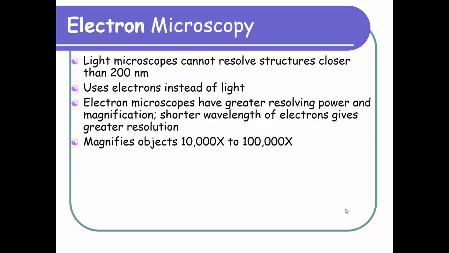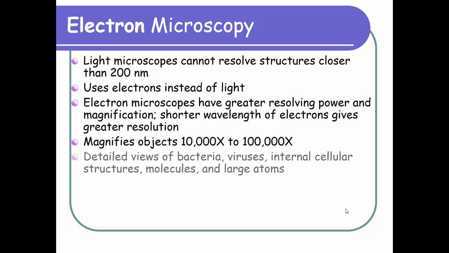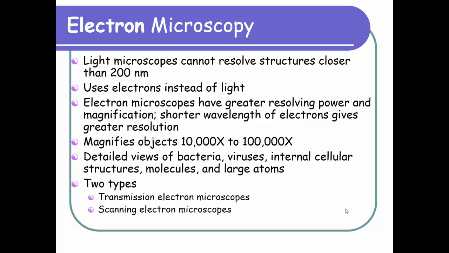Electron microscopes can magnify objects from 10,000 to 150,000 or so times magnification. We get very detailed views of bacteria, viruses, internal cellular structures, molecules, and even the very large atoms using electron microscopes. There are two types: transmission electron microscopes and scanning electron microscopes.